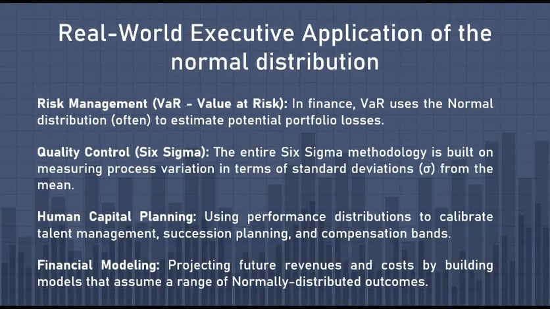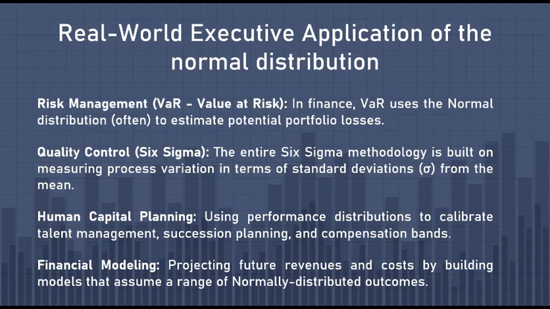Some real-world execution problems, though we started with some of these as well, but more specifically, risk management. This is a very popular subject, especially risk management related to portfolio analysis. Without the normal distribution, you cannot work in risk management. Then in production systems, that is in quality control, we speak about the Six Sigma control limit. This studies the variation in the quality of the product.